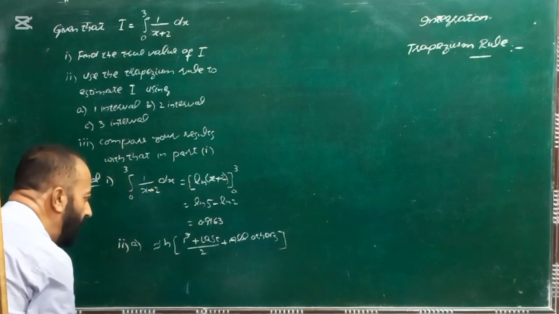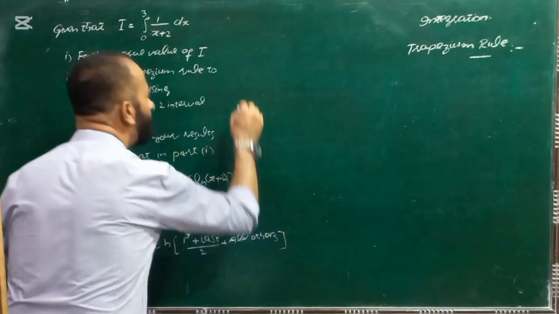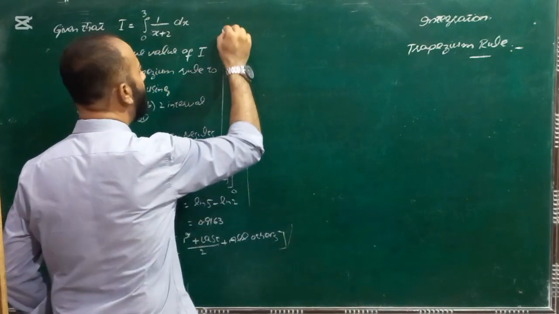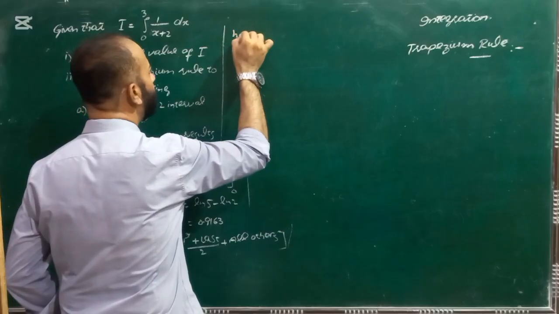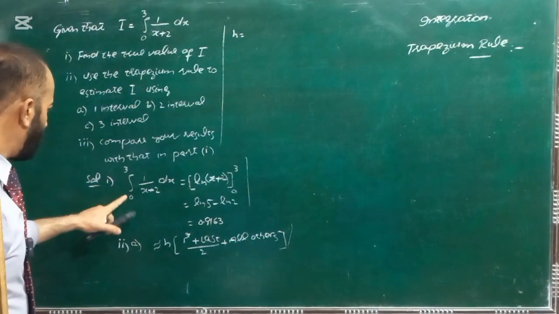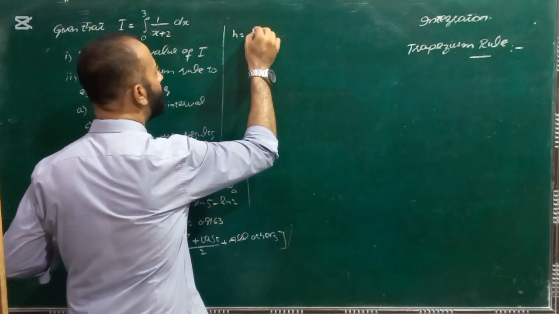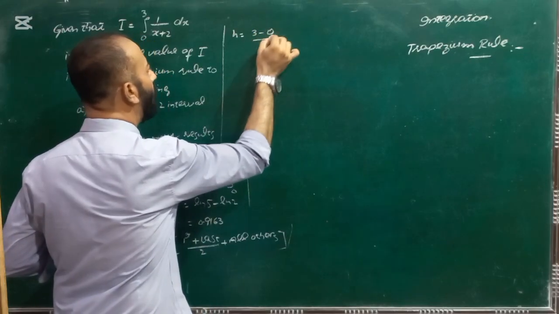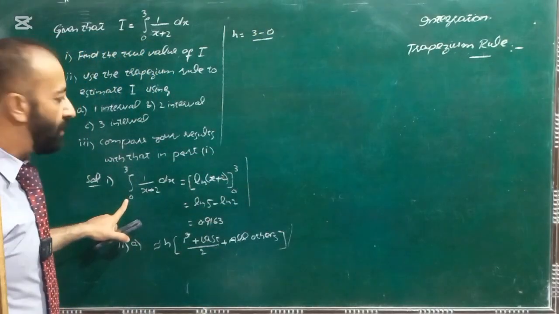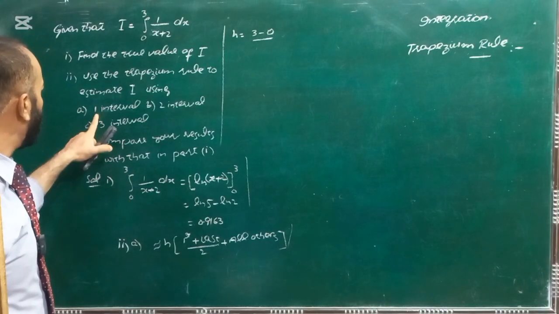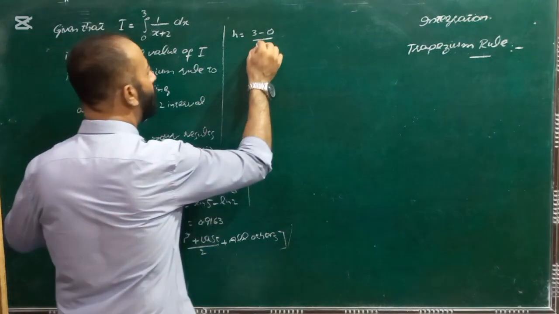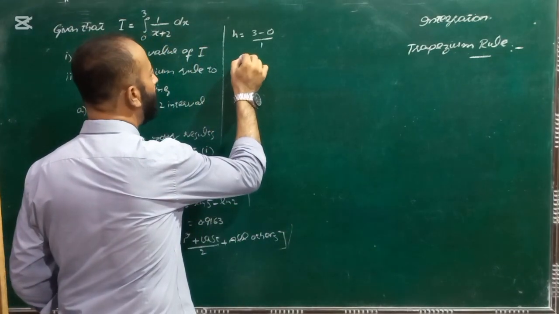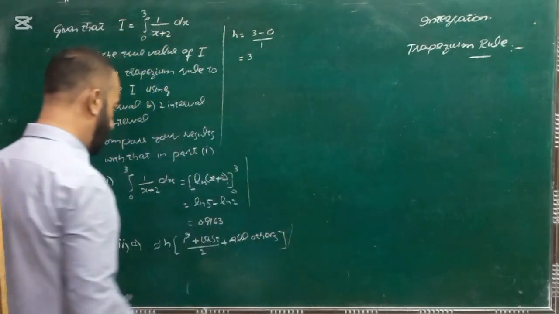Okay, now h will be, so here is the rough work now. h is upper minus lower, so 3 minus 0 over n. n is the number of intervals. So in first part, one interval is given, so 1 is there. So it means h is equal to 3.